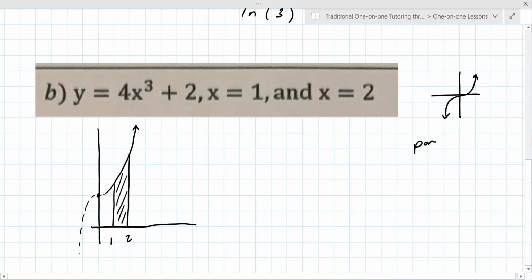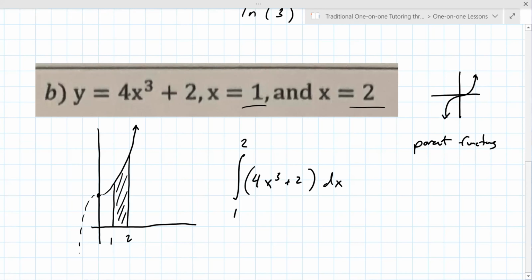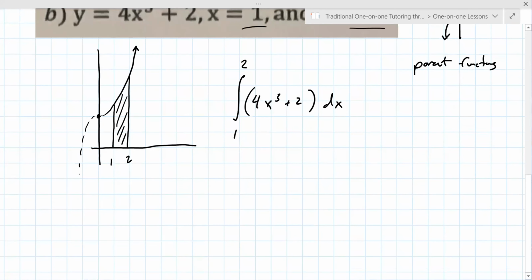So in short here, make sure you know your parent functions really well, because they're probably looking to see, does it have the right curvature roughly? They give you the bounds here. So it's from 1 to 2, 4x cubed plus 2 dx. This is a power rule antiderivative.